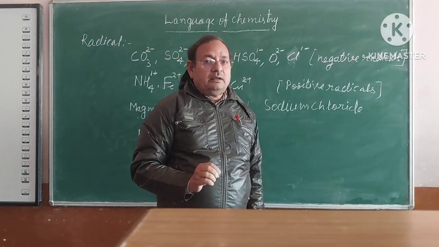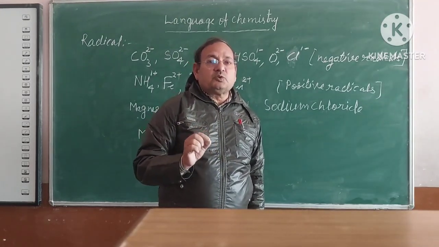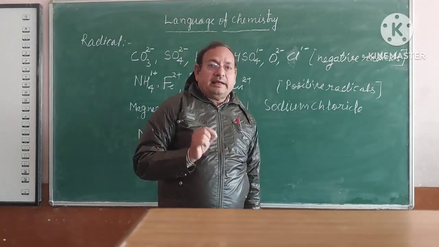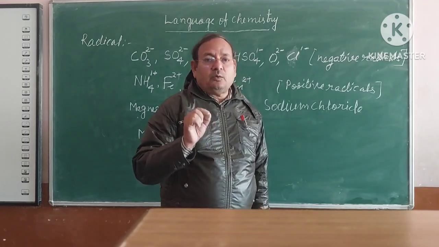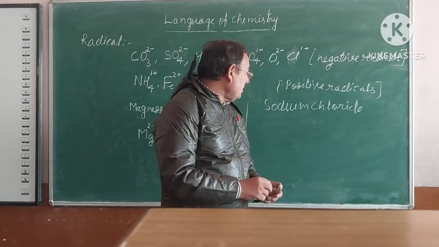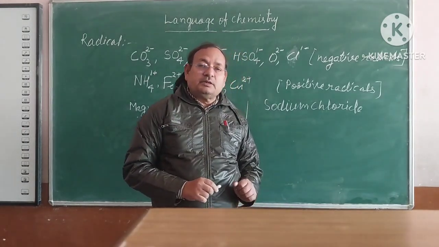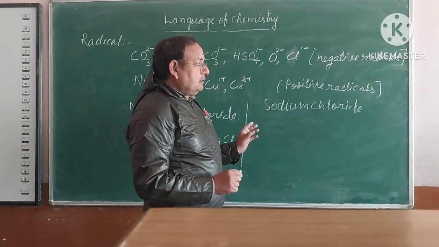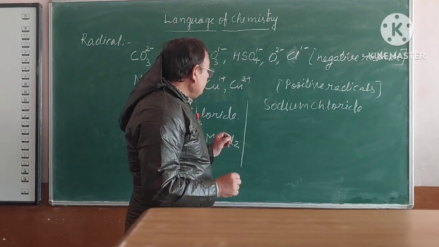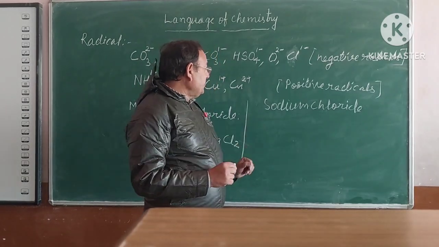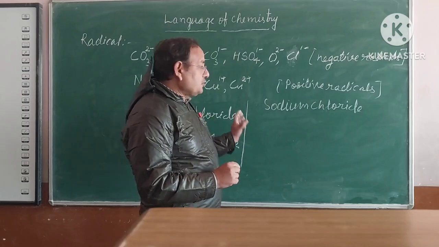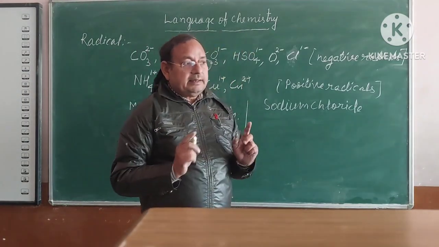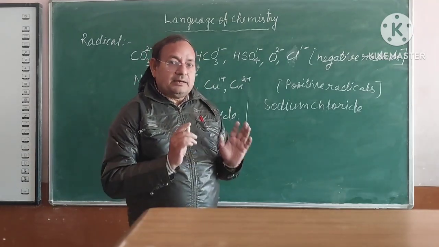For this reason, sodium chloride is also known as common salt. I will tell you how you will write the formula of sodium chloride. Understand? First you will write the sodium radical, that is electropositive, and the chloride radical, that is electronegative, side by side.